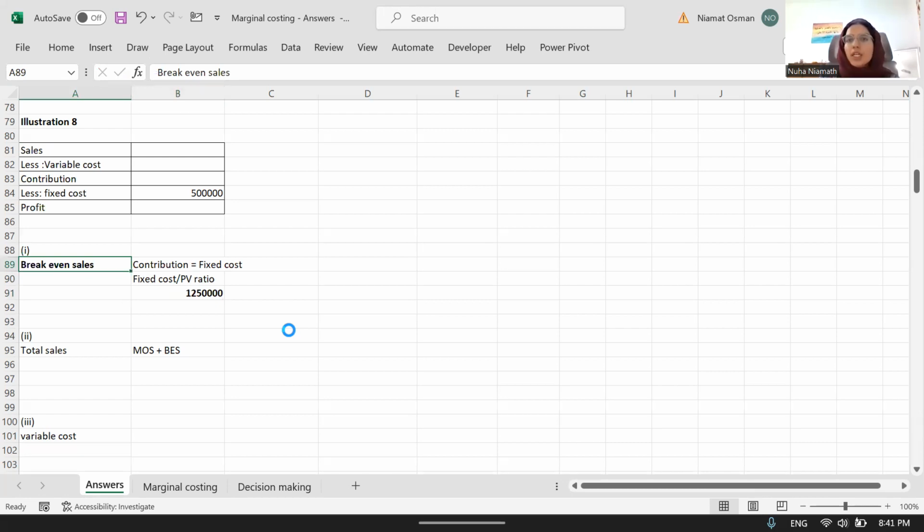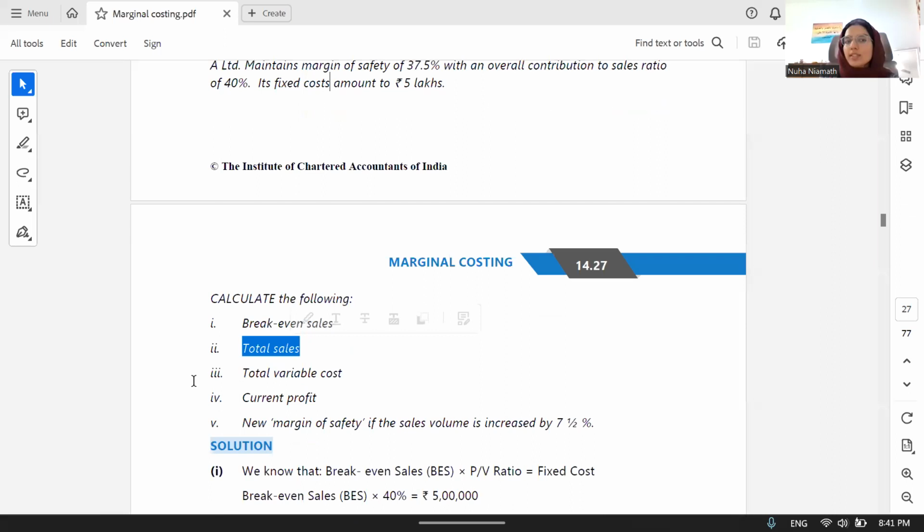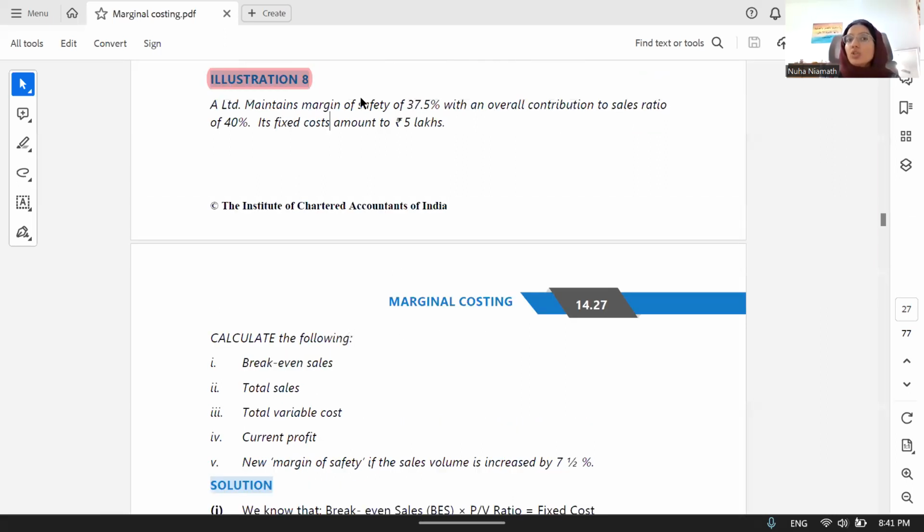Perfect. Now, the next question it's asking is total sales. What is our total sales? If we have our break-even sales and we have our margin of safety percentage, can we calculate our total sales?